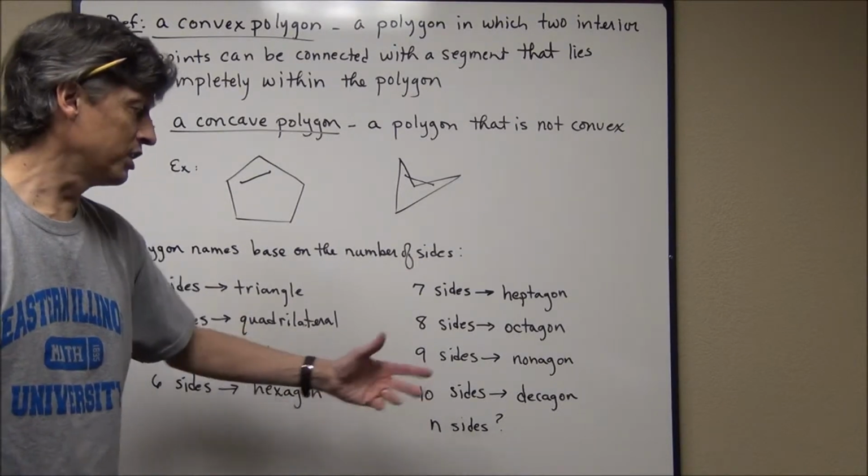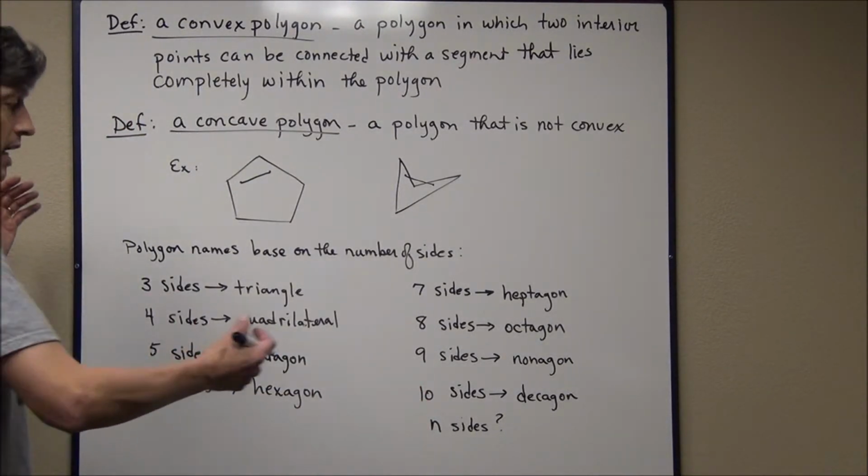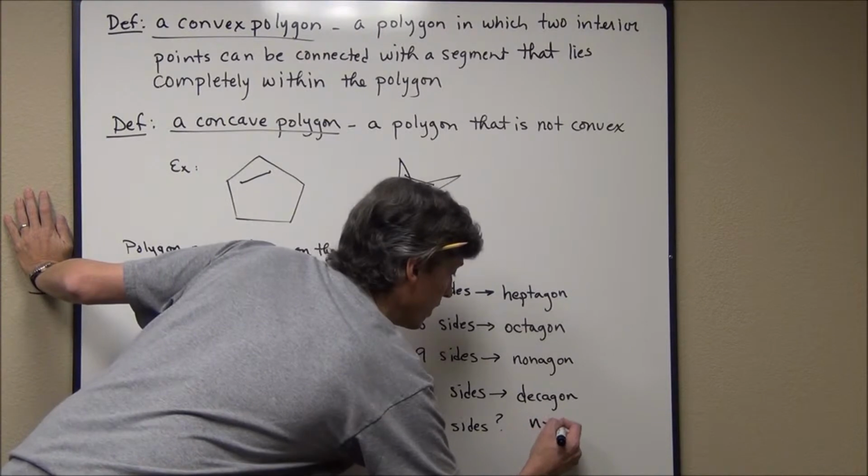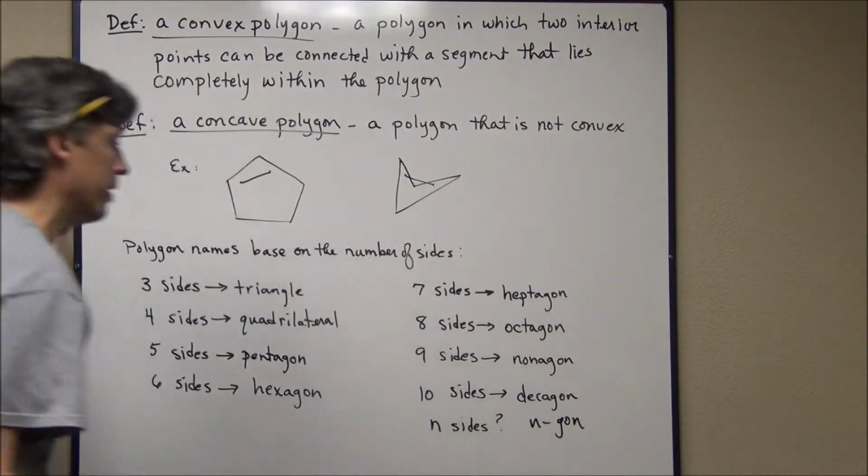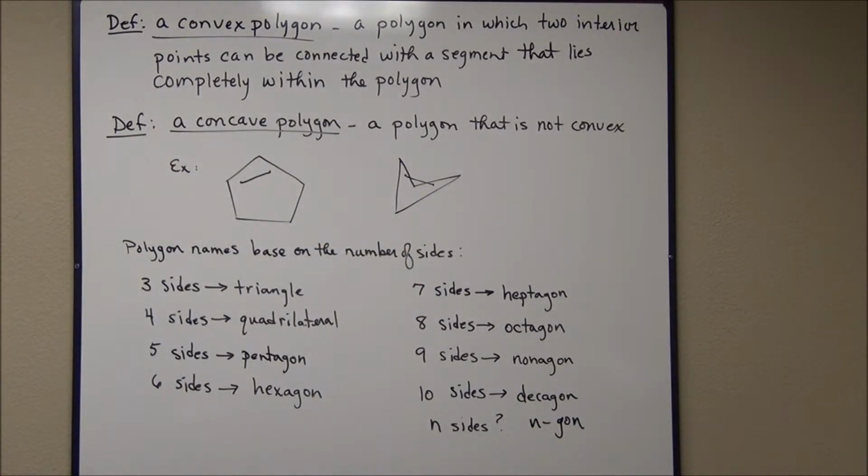And if you have n sides, we don't know how many sides there are, we just say n. We call it, believe it or not, an n-gon. Okay, that sounds made up. So that's how we're going to classify polygons, by the number of sides that they have.